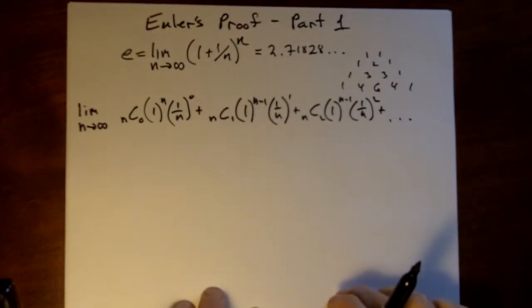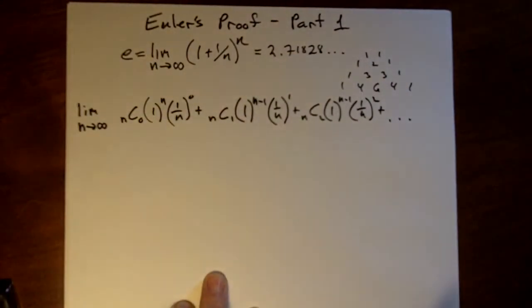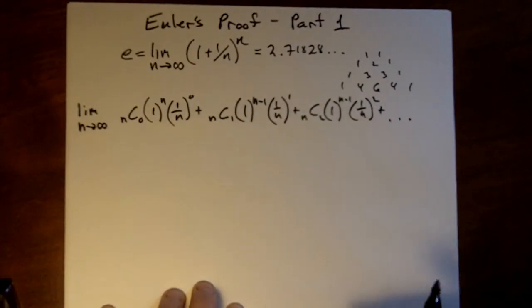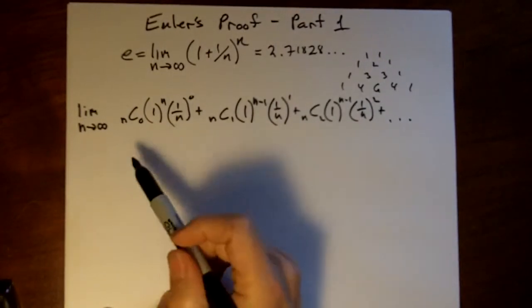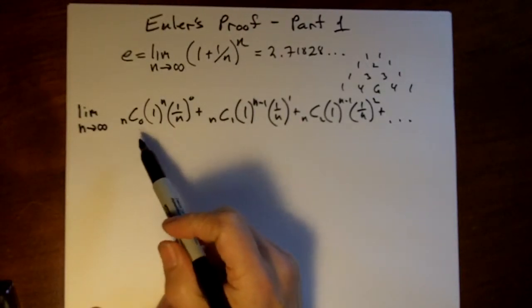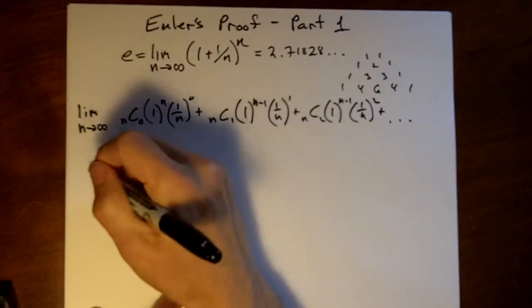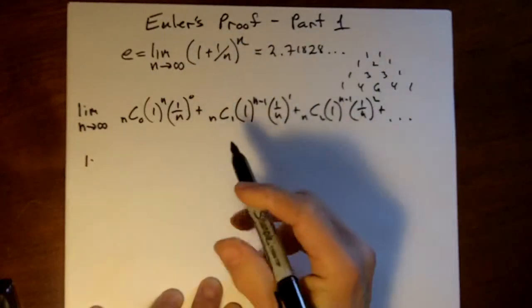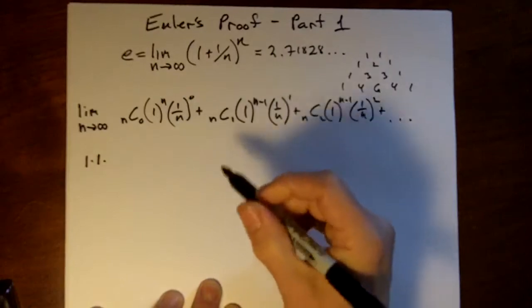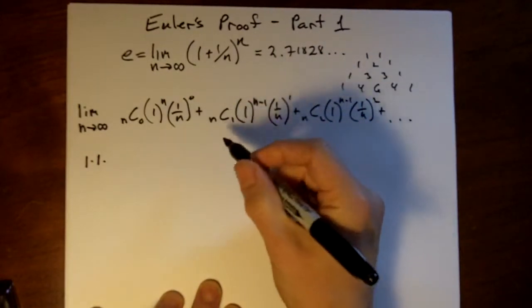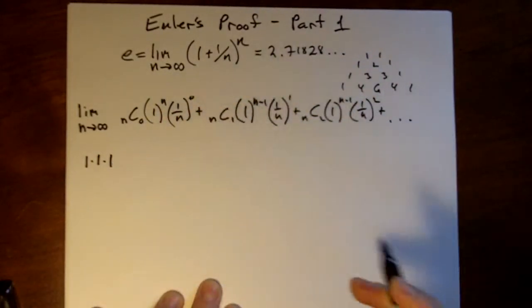Okay, so I'm going to stop writing that limit over and over again, but now let's try to actually think about what all this looks like when you expand it. First of all, the combination of n things taken 0 at a time, that's just 1. And 1 to the n, that's also just 1. And then we've got (1/n) to the 0, and that's also just 1.